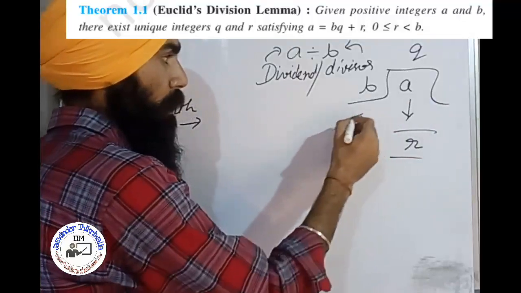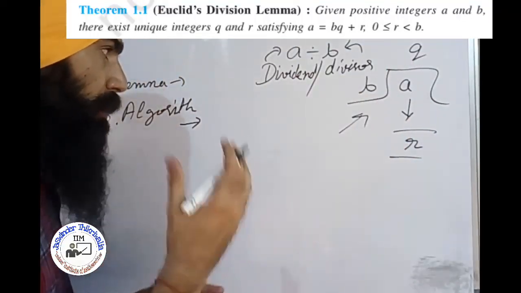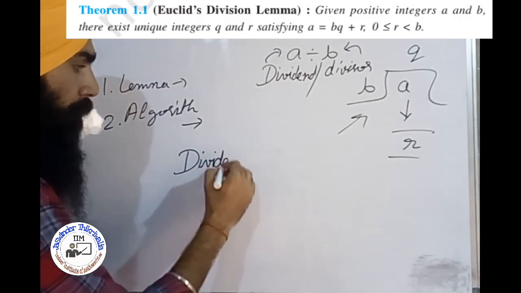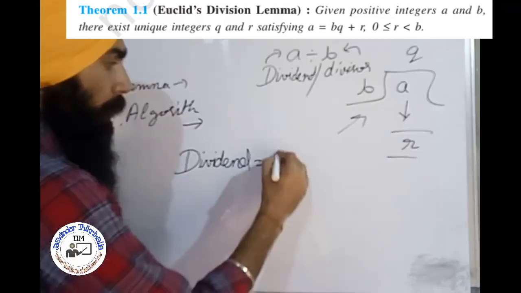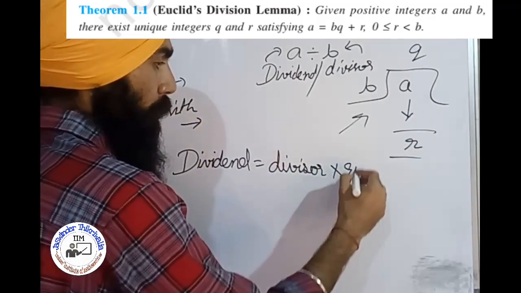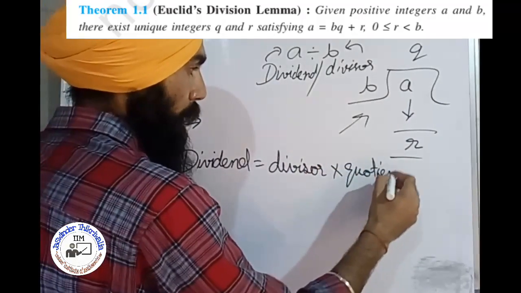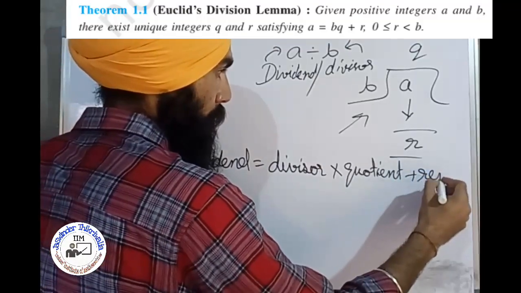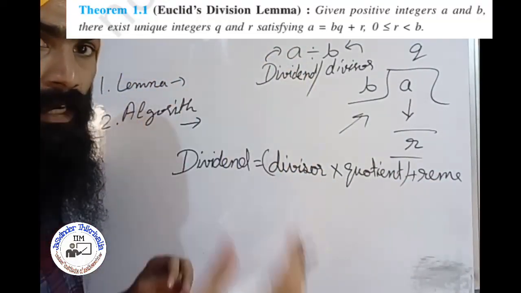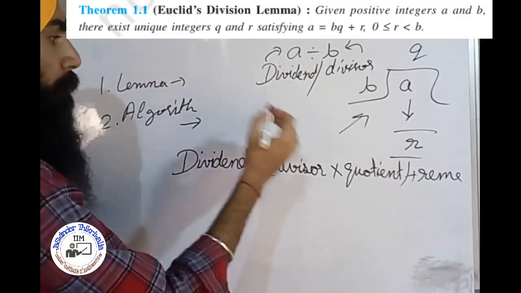So you know this thing, a simple division: dividend is equal to divisor multiplied by quotient plus remainder. We also studied this in the Euclid division lemma. What was there?